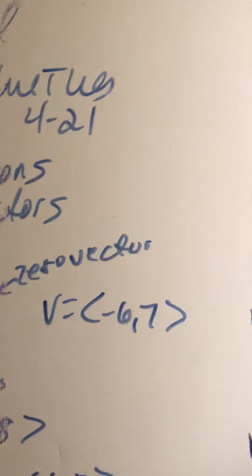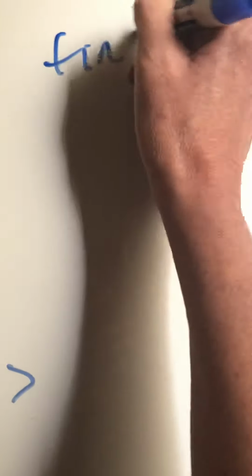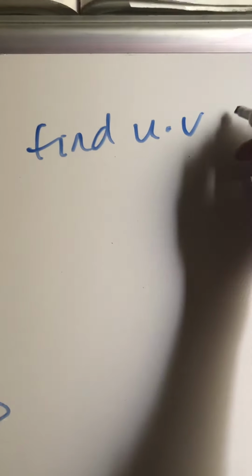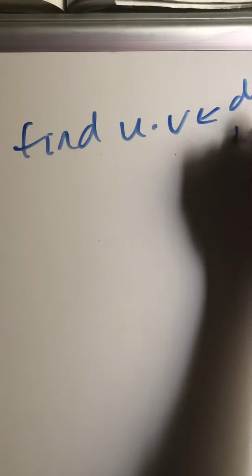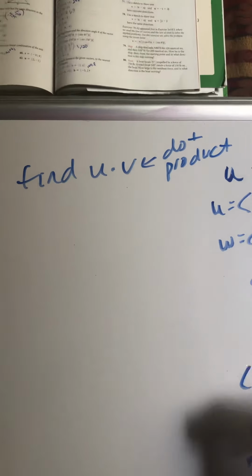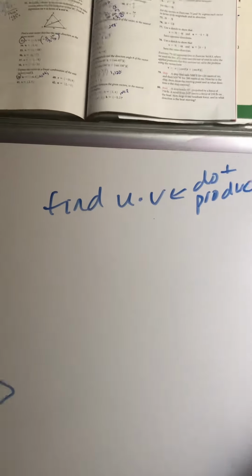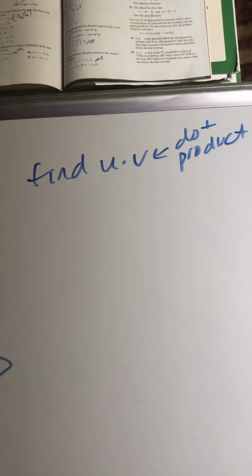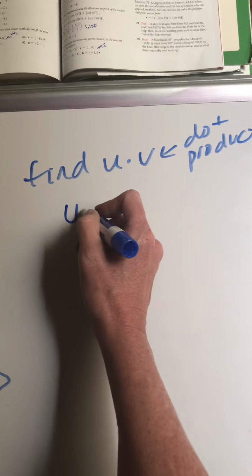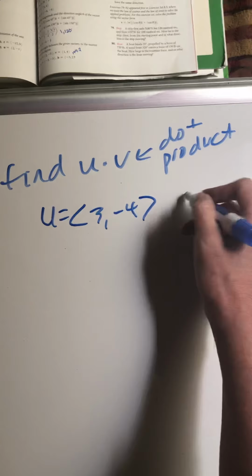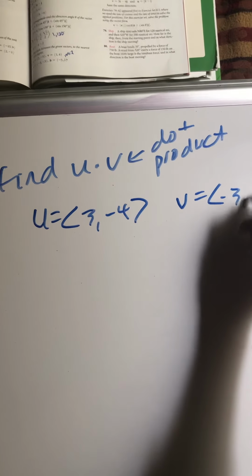Okay, then you're asked to find U times V, which is actually called a dot product. We're going to use a dot product in just a minute when we find the angle between two vectors, but this is called the dot product. Dot product is very easy to find. You'll be given two vectors, like U is 3, -4, and V is -3, 4.